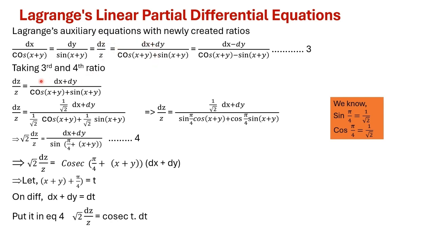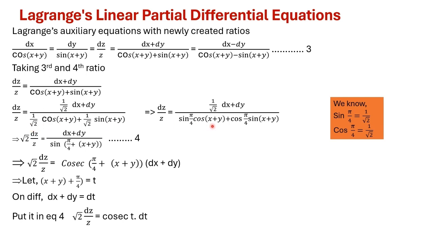Dividing and multiplying by 1 by root 2 here, we'll get dz by z is equal to 1 by 2 here and 1 by 2 here. And we know that sin pi by 4 is equal to 1 by root 2, and cos pi by 4 is also equal to 1 by root 2. So in place of 1 by root 2, we will be putting sin pi by 4 and cos pi by 4.